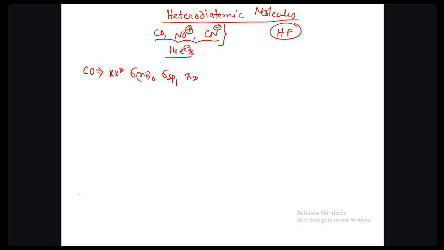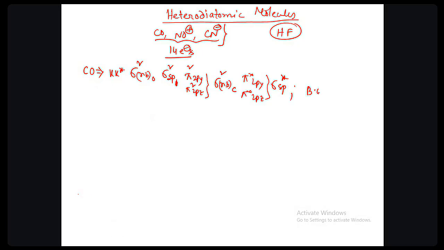Then pi 2py, pi 2pz have the same energy. After that, sigma non-bonding of carbon. After that, pi star 2py, pi star 2pz, and then sigma 2p star, which we do not need for this.